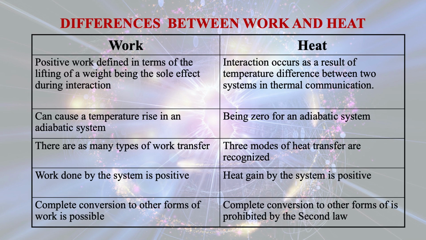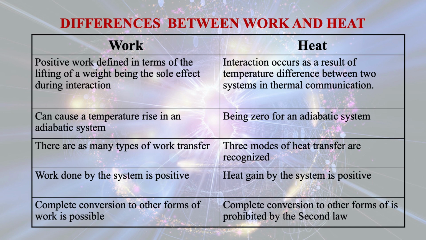Positive work is defined in terms of the lifting of a weight being the sole effect during interactions. But as far as heat is concerned, interaction occurs as a result of a temperature difference between two systems in thermal communication. Work can cause a temperature rise in an adiabatic system, but heat is 0 for an adiabatic process, because in adiabatic systems there will be no heat transfer.